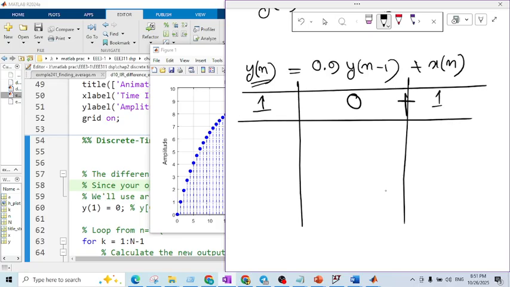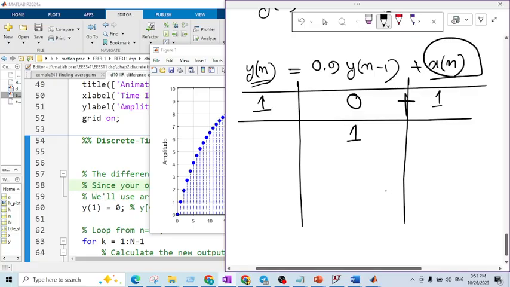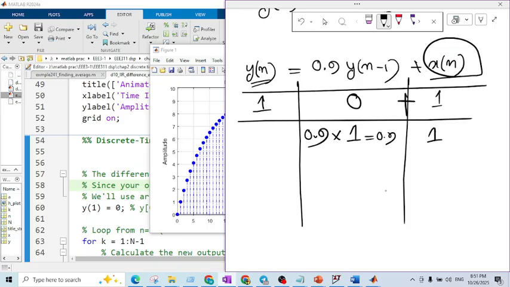Now at the next time this 1 will appear here, and this input is always 1. But wait a minute, now it is multiplied with 0.9, so we will get 0.9, and if I sum these two things I will get 1.9.